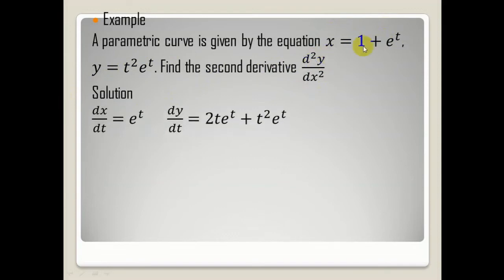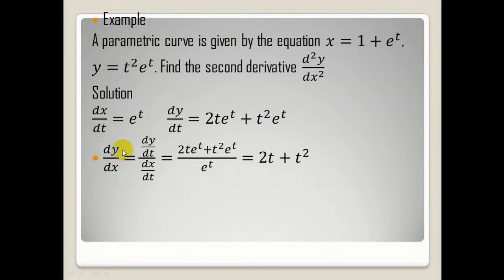So dx over dt, because the derivative of 1 is 0, and the derivative of e to the power t is itself. Then for dy over dt, we use the product rule. The derivative of t squared is 2t times v, plus u, t squared, times the derivative of e to the power t, which is itself.